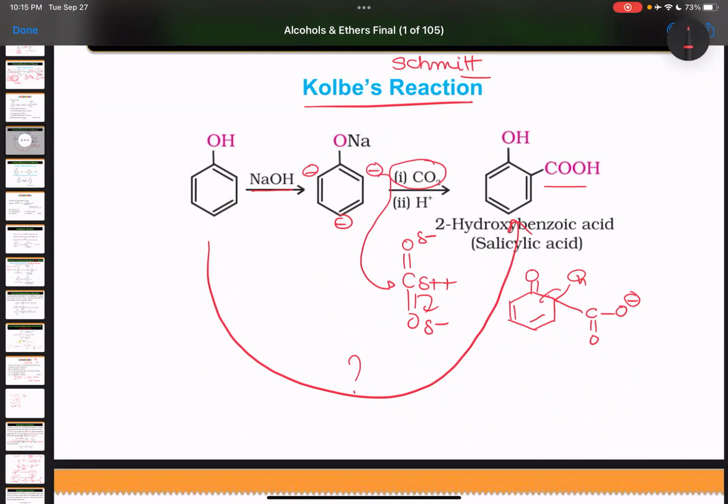Sir, we can first convert it into salicylaldehyde by using Reimer-Tiemann, and then by using lithium aluminum hydride. No, no, directly, not indirect, direct. Yes, sir. Directly, you can use one more reagent, NaOH and CCl4, carbon tetrachloride. Okay.